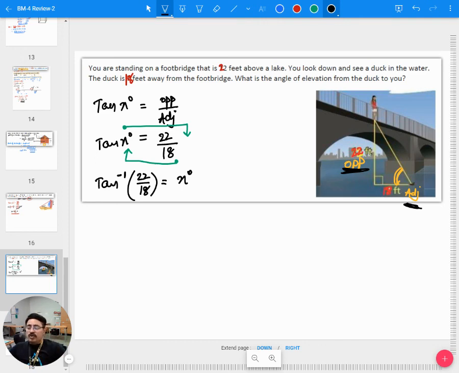Already explained how to use an online calculator, but here I'm using my TI-84 calculator. Tan inverse of 22 divided by 18 equals 50.71. Therefore, the value of the angle is 50.7 degrees. Okay, that's the last question.